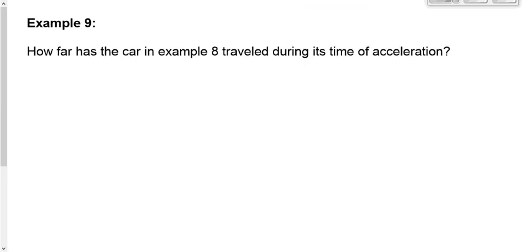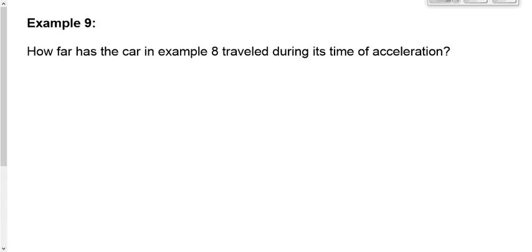Sorry, it's actually example number 9, I guess. Example number 9 in your notes here. All right, so this one relates to example number 8. So I'm going to write down my givens for example number 8 as well, and then go to number 9.